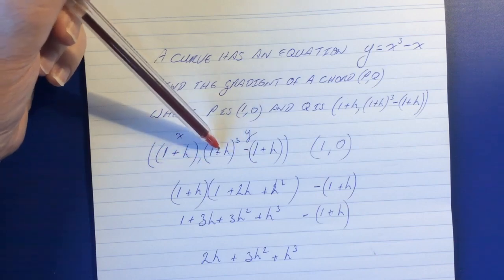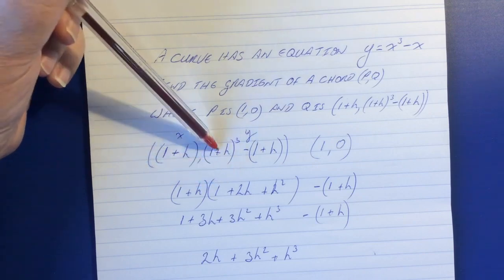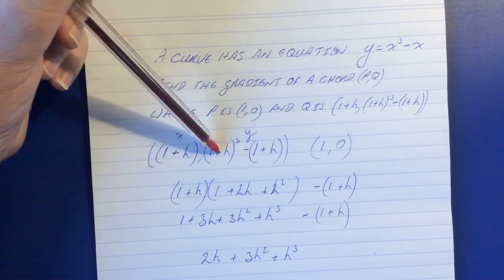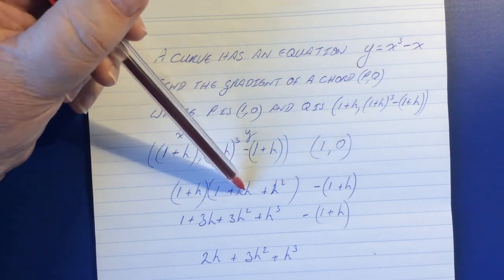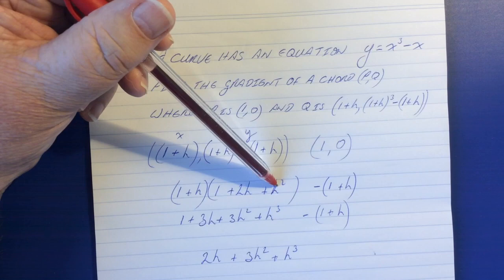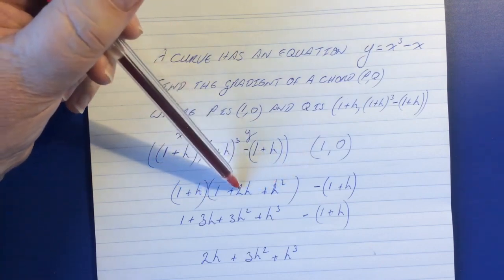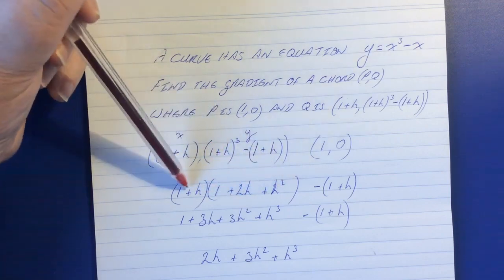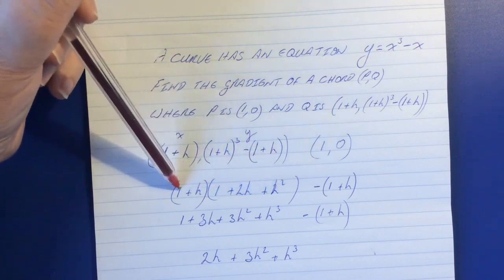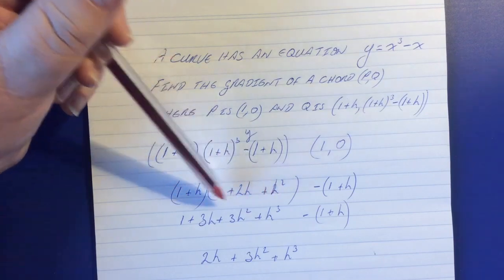The easiest way to expand this is to square this expression, a perfect square. It's very easy to do. 1 squared plus 2 times 1 times h plus h squared. And then multiply through again by 1 plus h, which will give us our cubic.